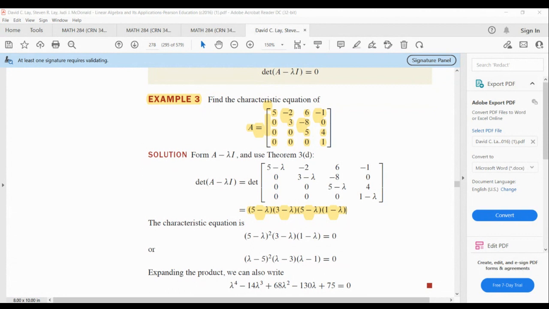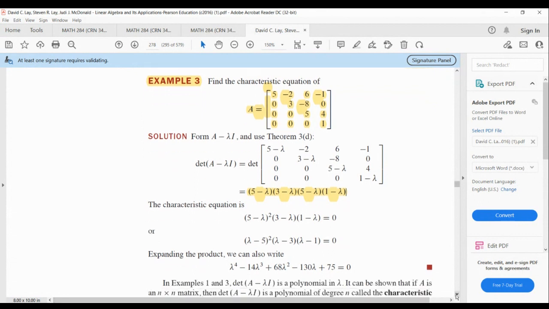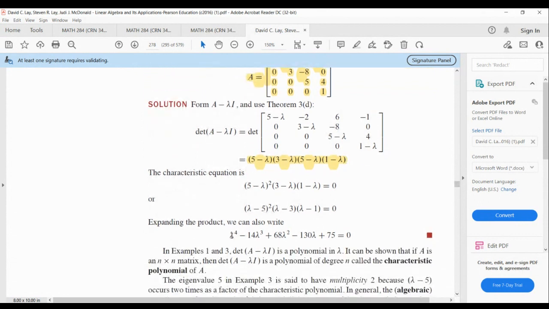And then, of course, if you expand these factors out, you're going to get this.